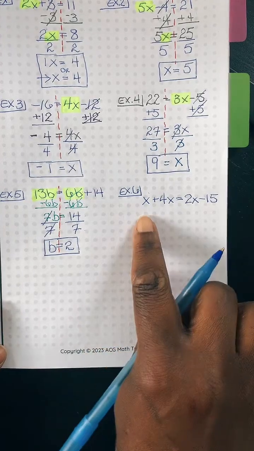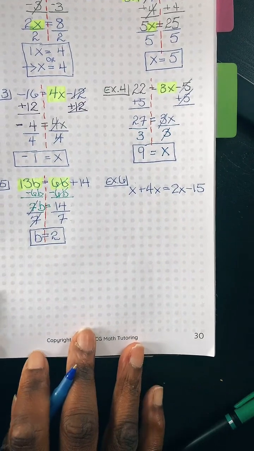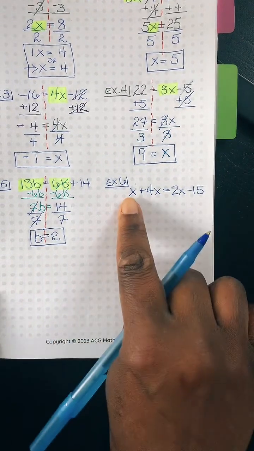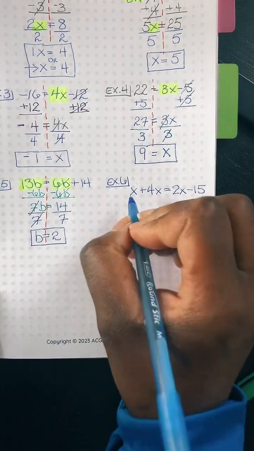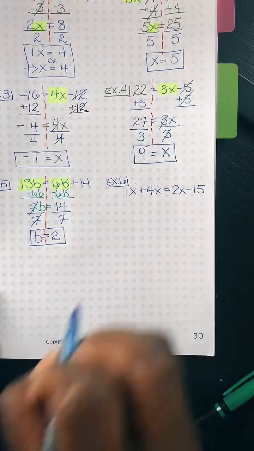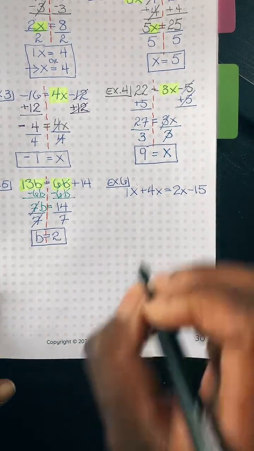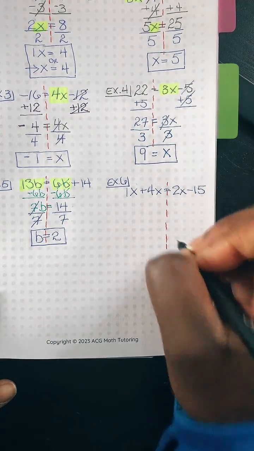There are multiple x's here, and you're probably like, I don't think we can do this. We can, all right? So x, remember, if there is not a number in front, it's assumed to be a 1.